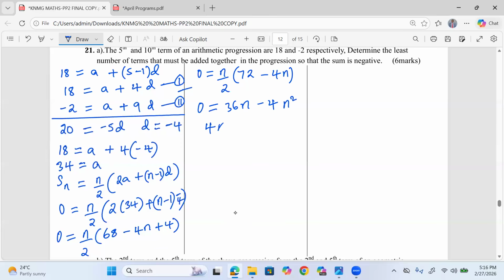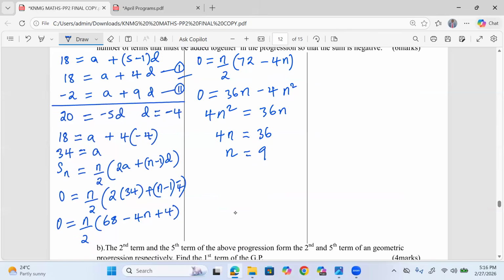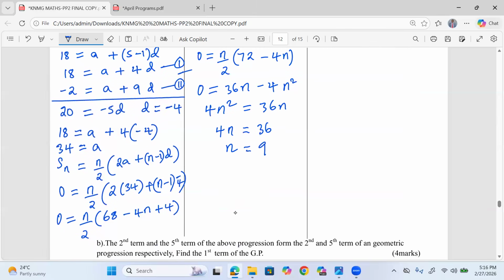So 4n squared can become positive on this side, equals 36n. We can divide by n so that we get 4n equals 36. How do we get the value of n? By simply dividing by 4.